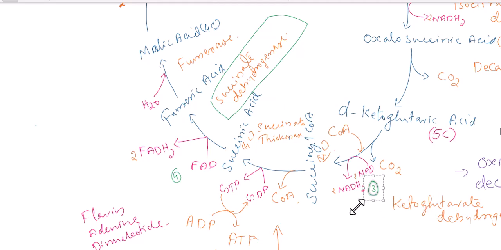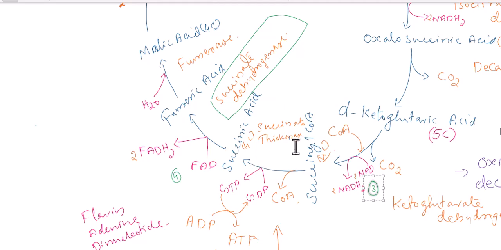Succinyl coenzyme A now again undergoes conversion to succinic acid. During that change, the coenzyme A is removed from the substrate, so it is converted to succinic acid.